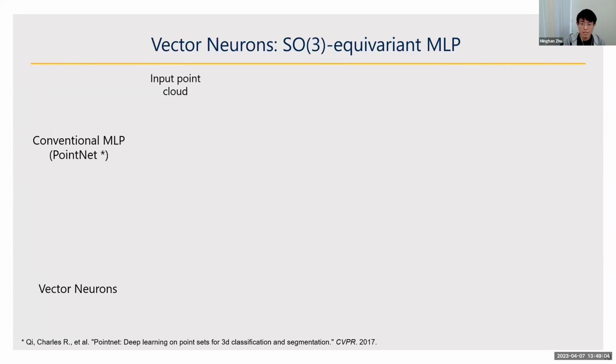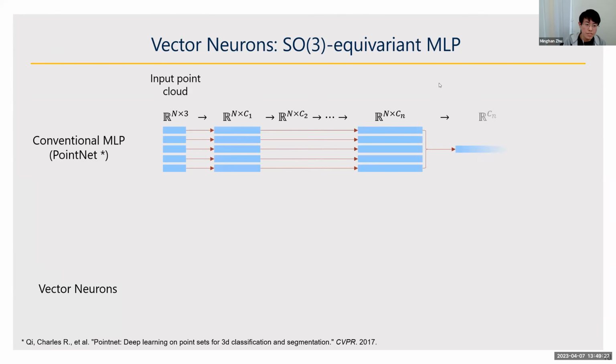So vector neurons can be regarded as an SO3 equivariant MLP. We will compare it to what a conventional MLP looks like. For a conventional MLP, we take PointNet as an example. This is one of the earliest and simplest, yet still very powerful point cloud learning frameworks. Given an input point cloud, it can be regarded as a matrix of n by 3, where every row is a point. These different rectangles represent the features for a single point.